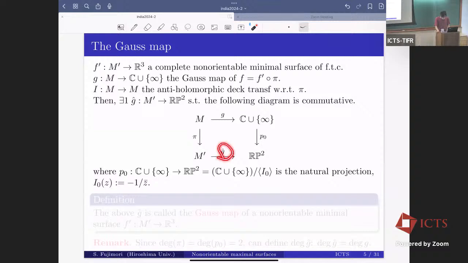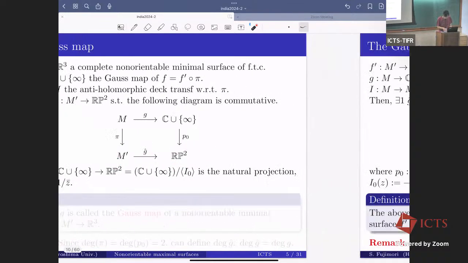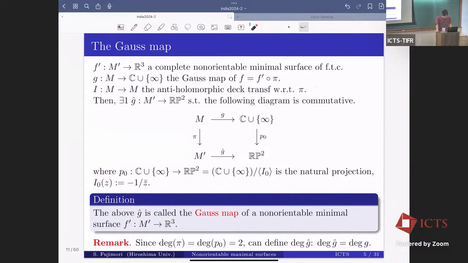In this way, we can get G hat, which is a map from the non-orientable surface into RP2. Then we call this G hat the Gauss map of the non-orientable minimal surface, F hat.